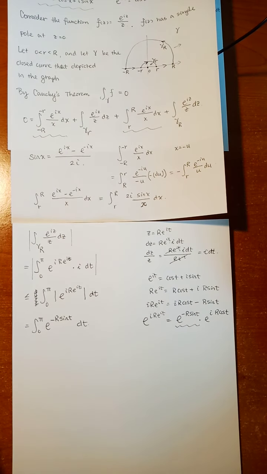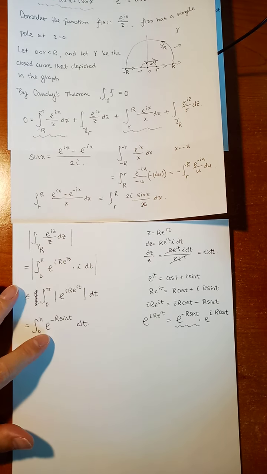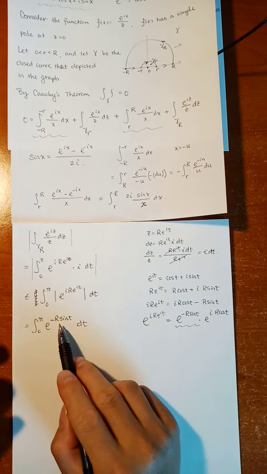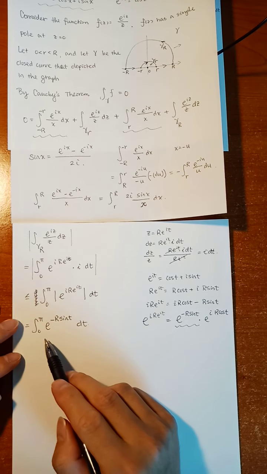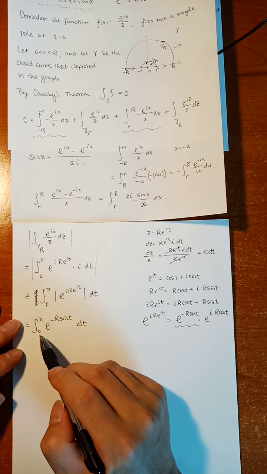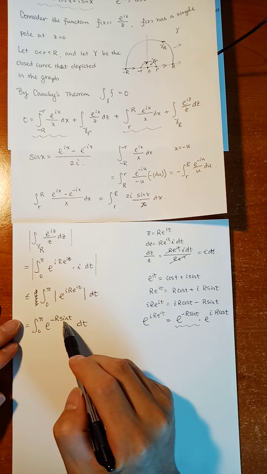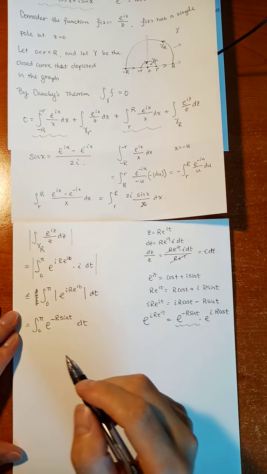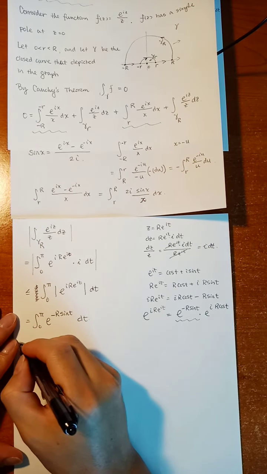Okay, so the integral of the function along gamma capital R is bounded by the integral from 0 to pi of e^(-R sine t) dt. Now let's check.